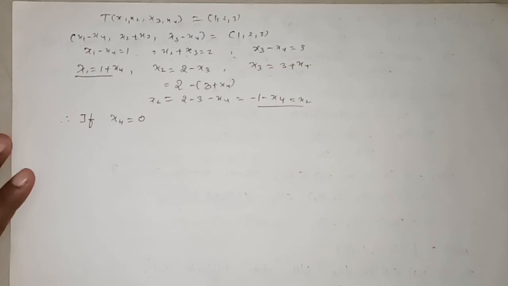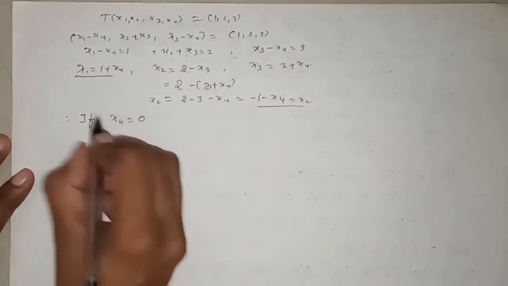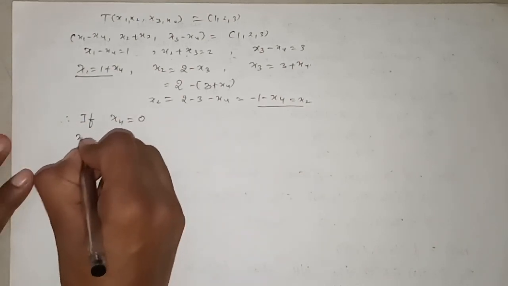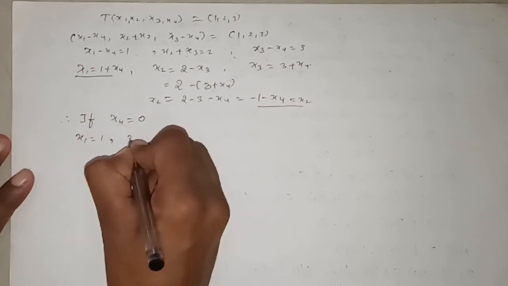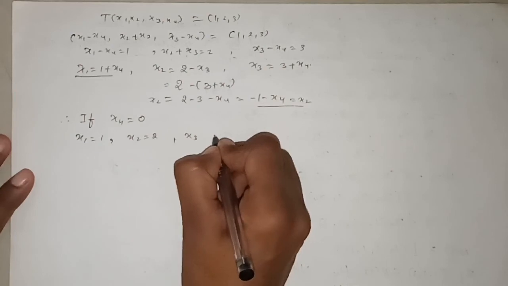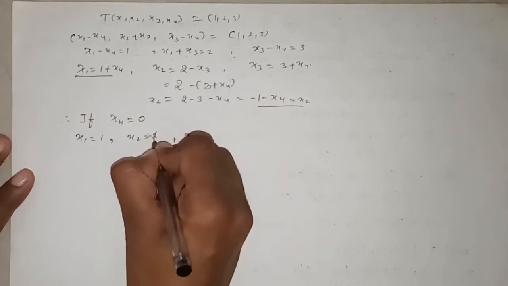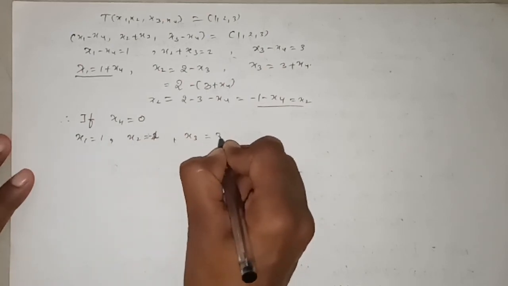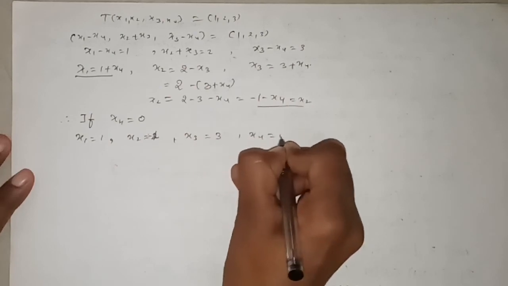It is fine if you put x4 equal to 1, 2 or any value, but I am writing here x4 is equal to 0. So if x4 is equal to 0, then x1 becomes 1, x2 becomes minus 1, x3 is 3, and x4 is already 0.